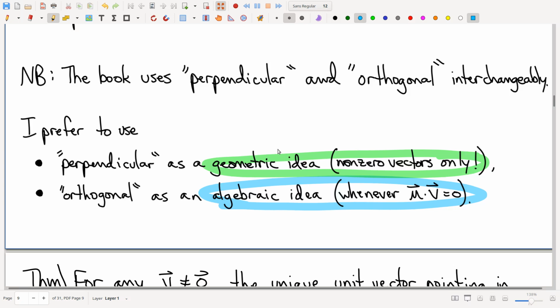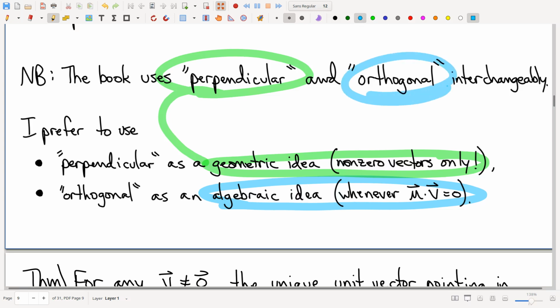Yes. Okay. So here's our situation. We have two words and we have two, I'm going to say, importantly distinct ideas. Well, then let's use one for one and the other for the other, seems to me, right? And given that the word perpendicular is pretty dyed in the wool, pretty well established, that's referring to the geometric idea we described here, I think it falls that orthogonal should refer to this idea right here.